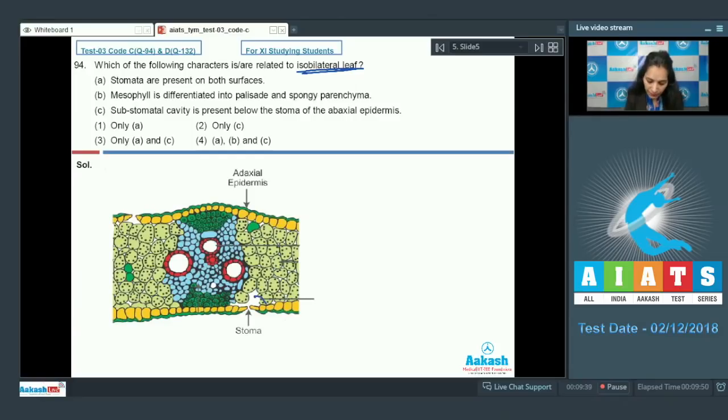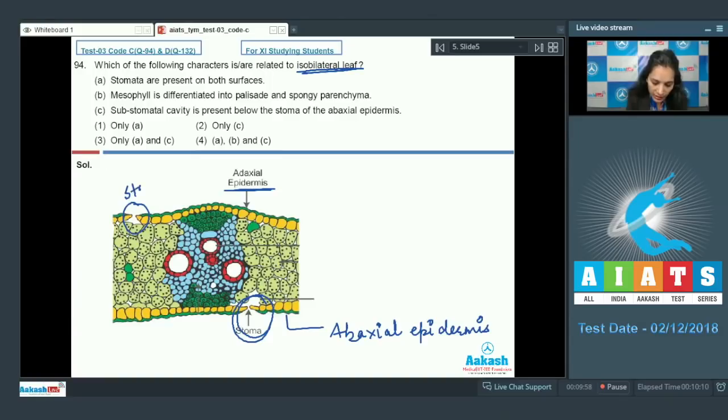Here you can see this is the stoma showing on the abaxial surface. The lower epidermis is called the abaxial epidermis and the upper epidermis is called the adaxial epidermis. On adaxial epidermis also you can see here there are stomata. So the stomata are present on both the surfaces.